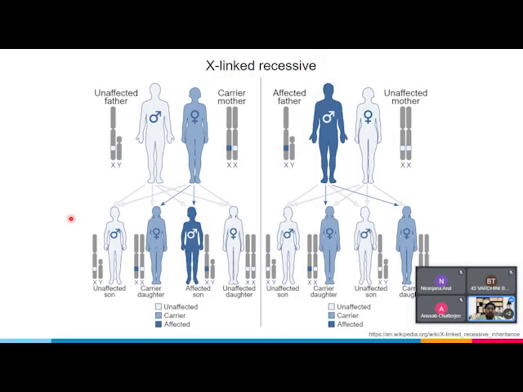As I said, the disease is X-linked recessive in nature. The information we have is that Uma's mother was a carrier. That is the left hand case we see here. If Uma's mother is a carrier, we have one daughter who is a carrier of the disease.